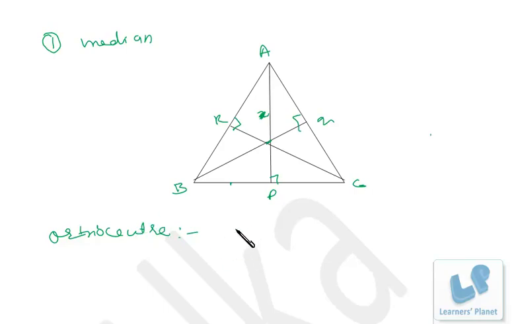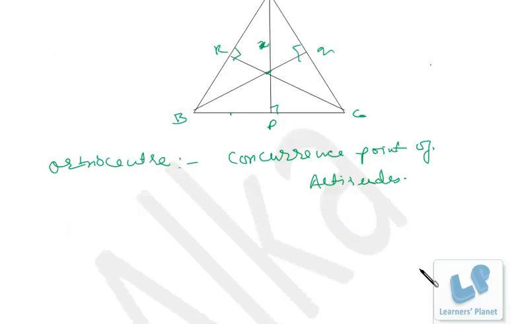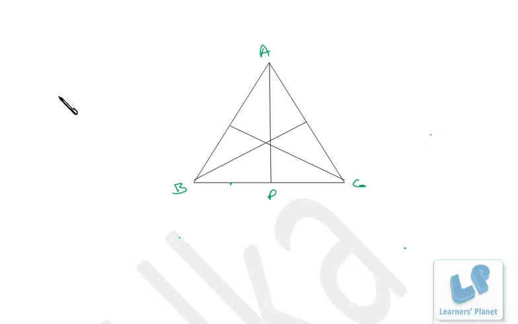Concurrence point of all the three altitudes is the orthocenter. Next, I take circumcenter. Now friends, circumcenter is the concurrence point of perpendicular bisectors.